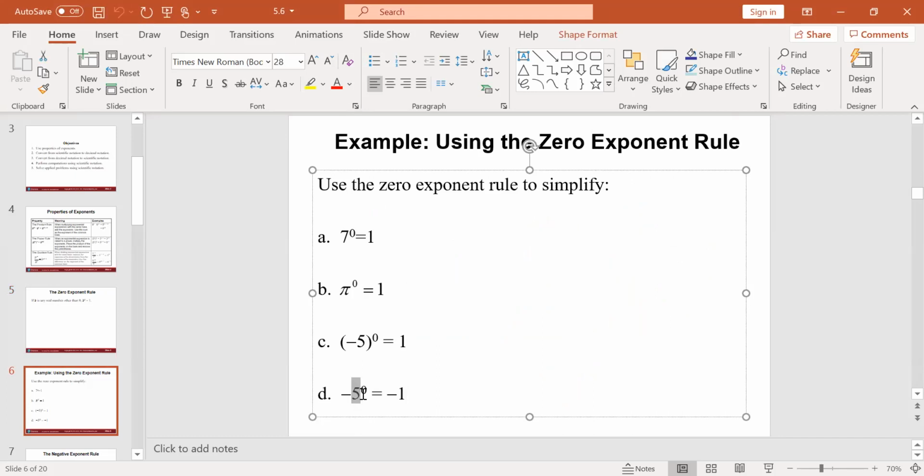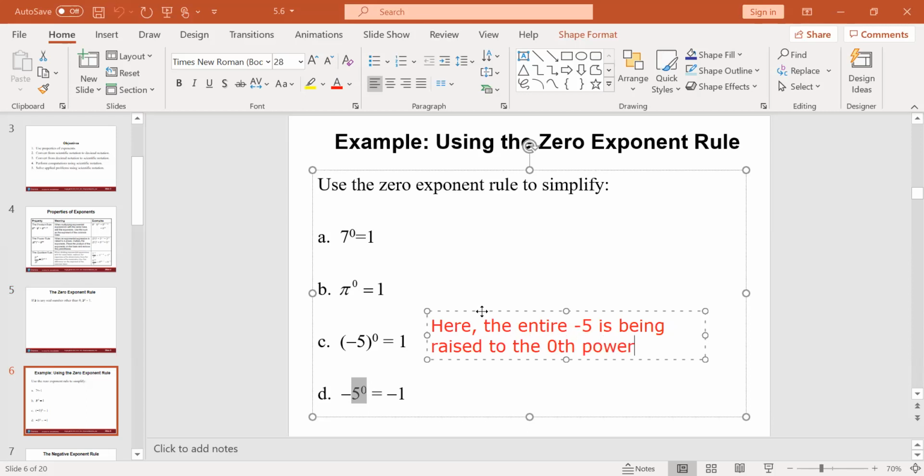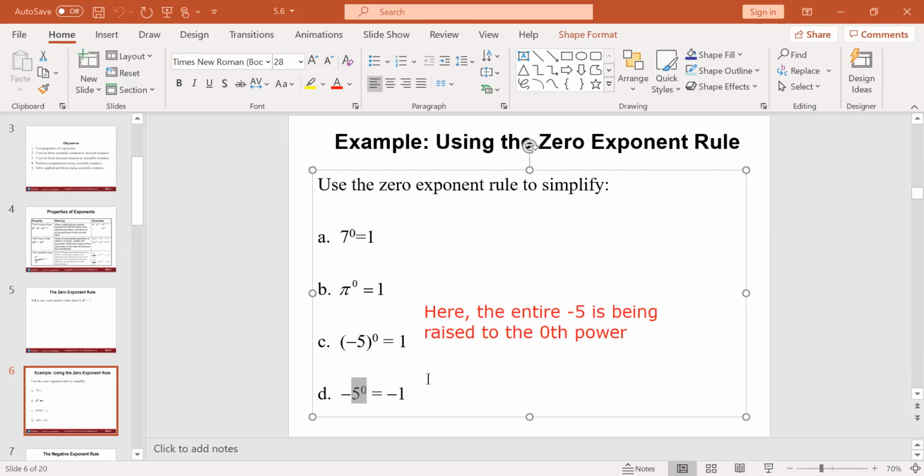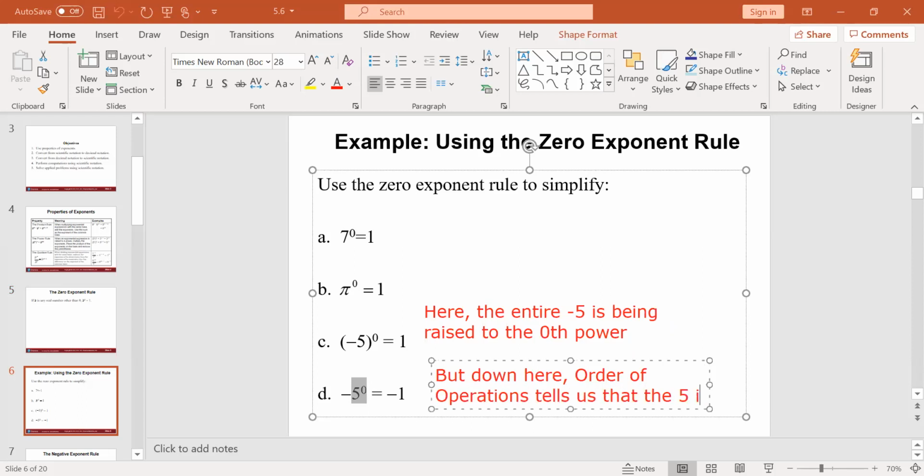What that means is order of operations tells us, I'll write this out because this is an important distinction. Here, the entire negative 5 is being raised to the 0th power. But down here, order of operations tells us that the 5 is being raised to the 0th.